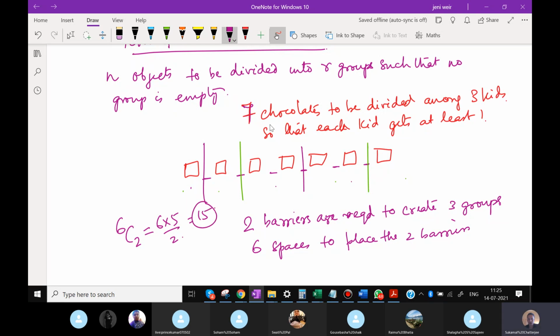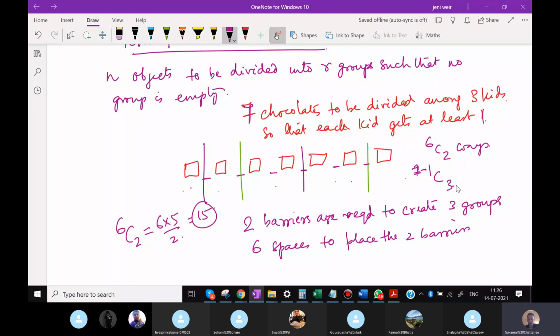Therefore, 7 chocolates can be divided among 3 kids so that each kid gets at least one in 6C2 ways. And how am I getting 6C2? I am subtracting 1 from the number of chocolates that I have, so 7 minus 1 C, and I'm subtracting 1 from the number of kids, because to divide it among 3 kids, I need 2 barriers.